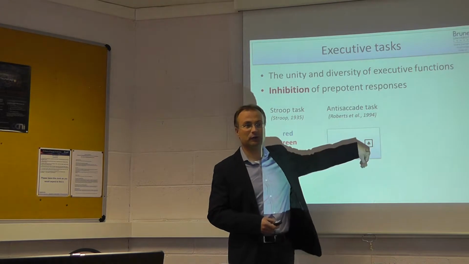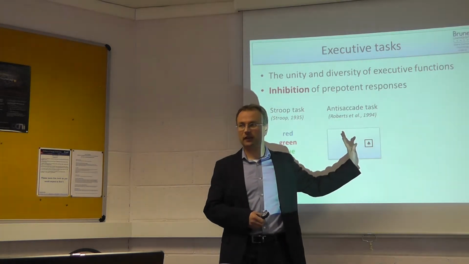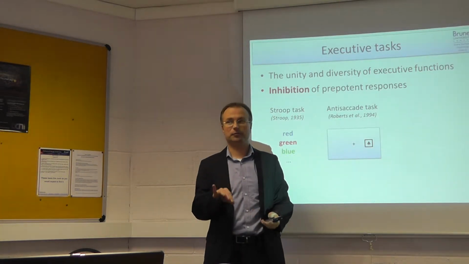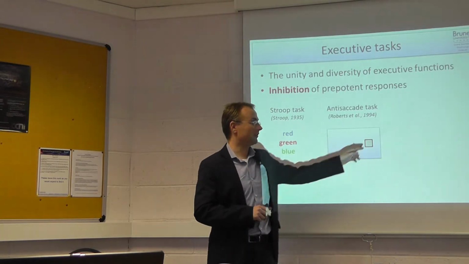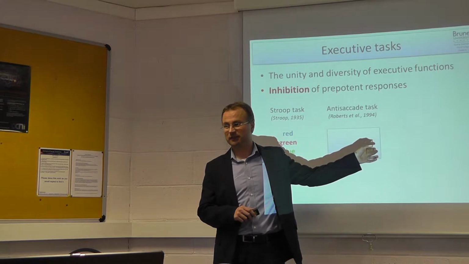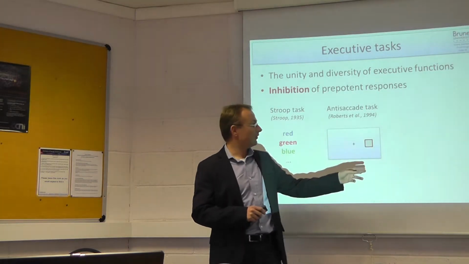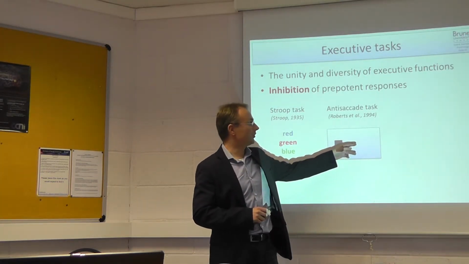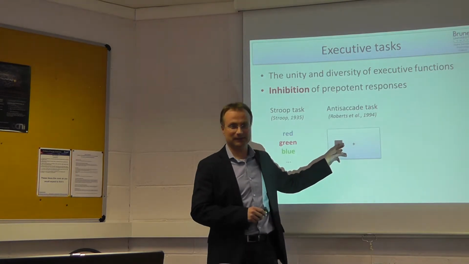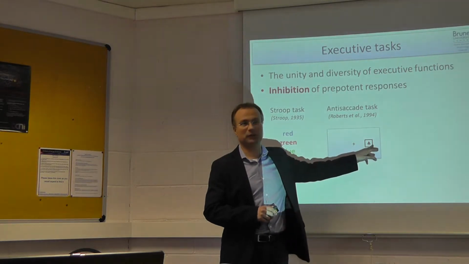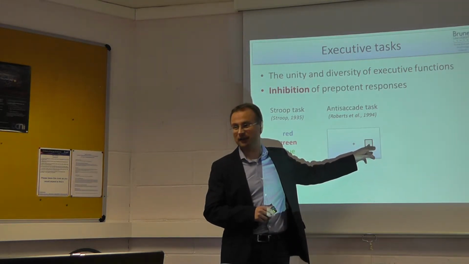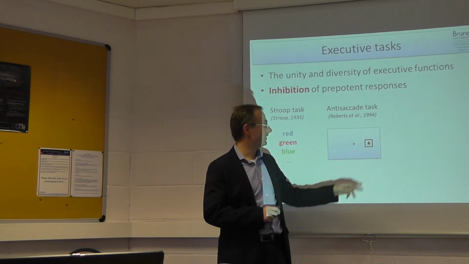This arrow can point in one of 4 directions, and your task is to indicate as fast as possible in which direction. The task is made difficult because that is masked very quickly. So basically, when you go with the cue and look here, you follow this irrelevant cue, you won't have enough time to look here to identify where the arrow points.